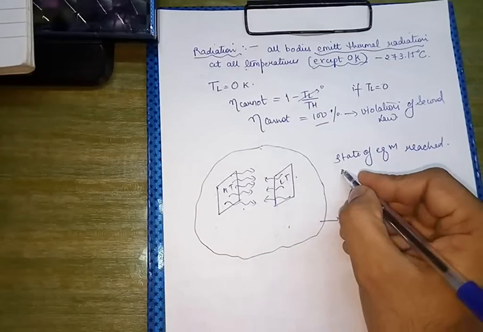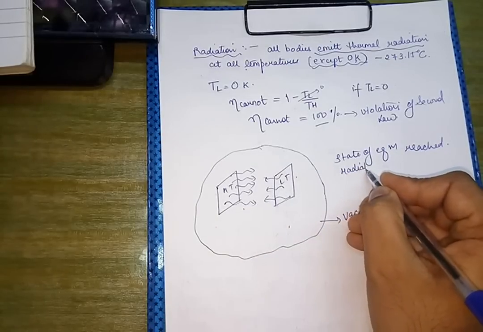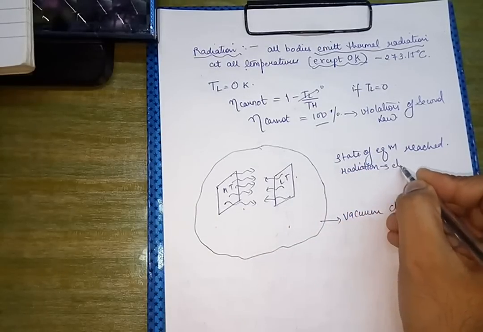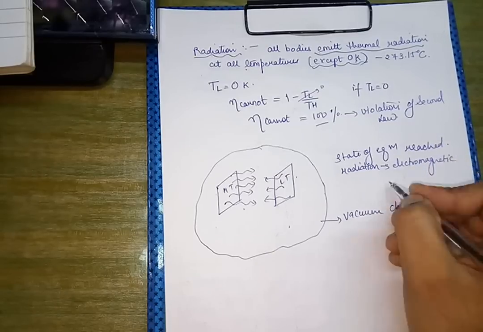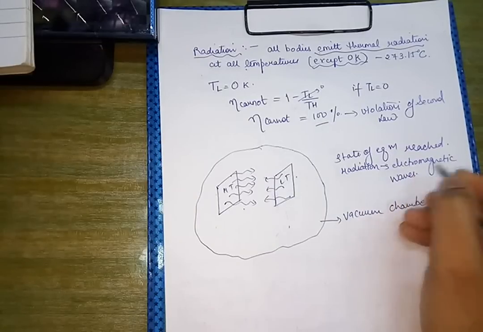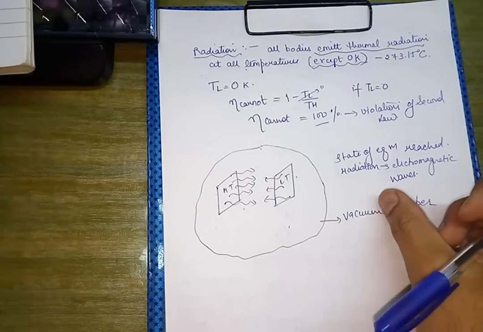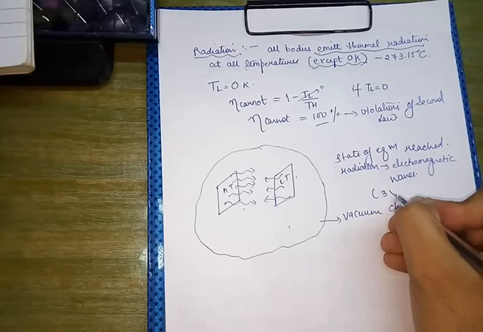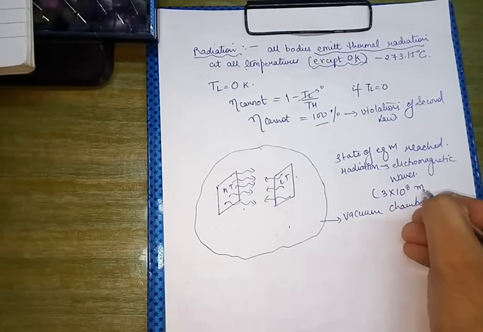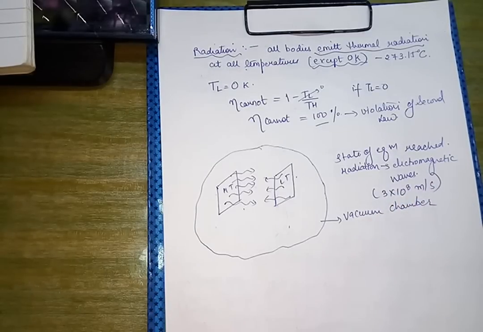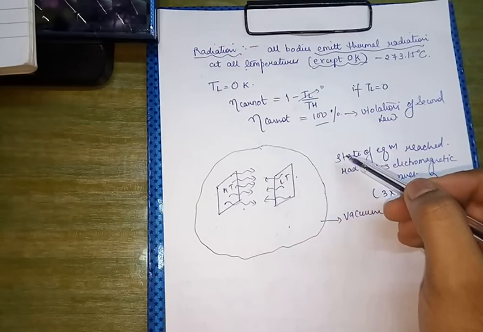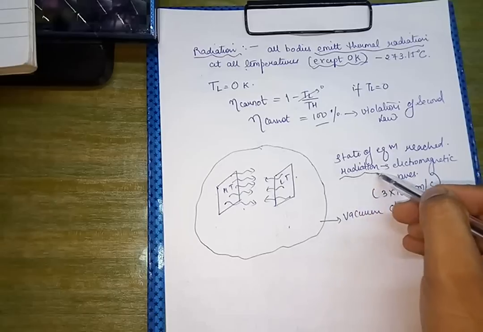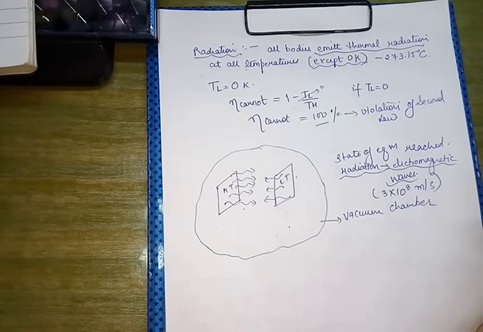These radiations that we are talking about are in the form of electromagnetic waves. These radiations travel with the velocity of 3 into 10 to the power 8 meter per second, that is with the velocity of light. Or we can say that these thermal radiations are a type of electromagnetic waves.